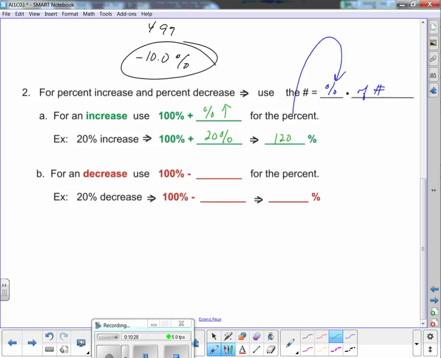Well, percent decrease, obviously it's going to be 100% minus the percent decrease. The down arrow just represents decrease. And again, that's going to go in for the percent.